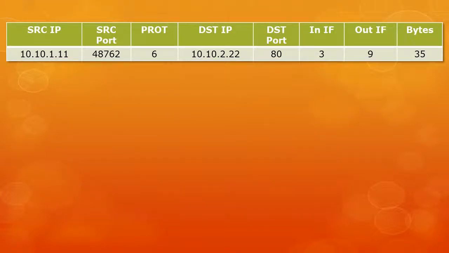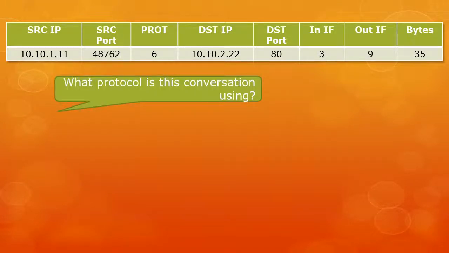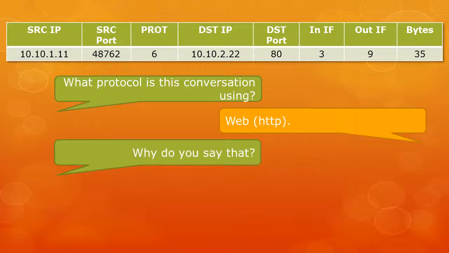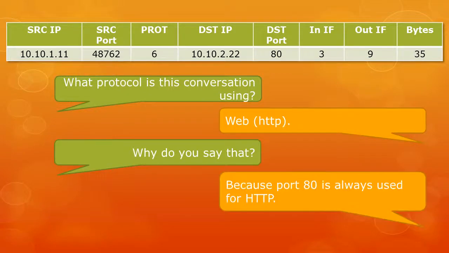So let's look at this flow and ask the question, what protocol is this conversation using? Now you might easily see that this conversation is a web conversation because the destination port number is 80. But why does that make this conversation a web conversation? Well, because port 80 is a well-known port. Now the harvester follows this same logic.